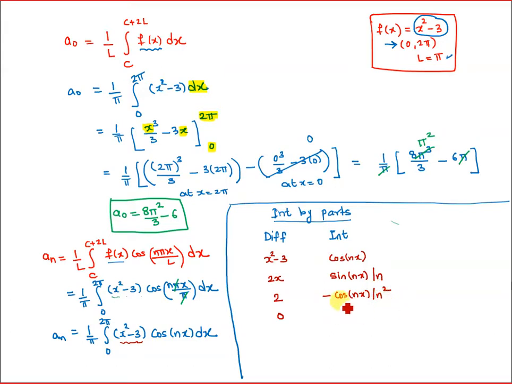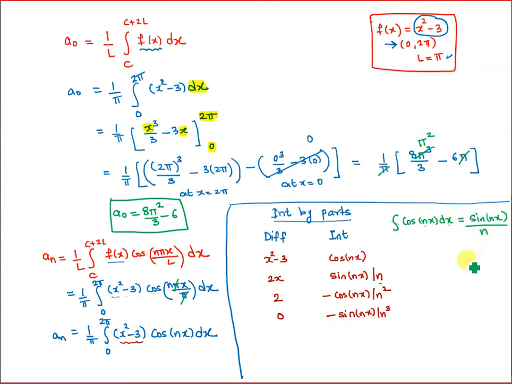Integration of minus cosine is minus sine nx over n power 3. So now how are we getting n square and n cube? See, when we integrate cosine nx dx, for cosine it becomes sine nx divided by, as we are integrating with respect to x, we divide by the coefficient of x, which is n.